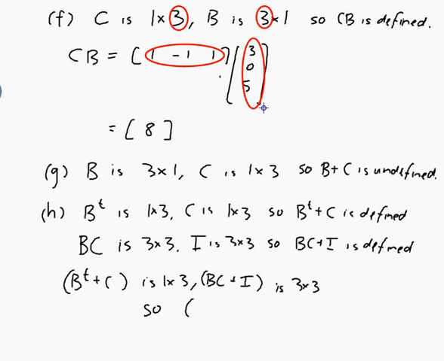So certainly, let's just check, do the middle numbers match? 3, 3, yes they do. So B transpose plus C times BC plus I is defined. So we'll have to calculate it.